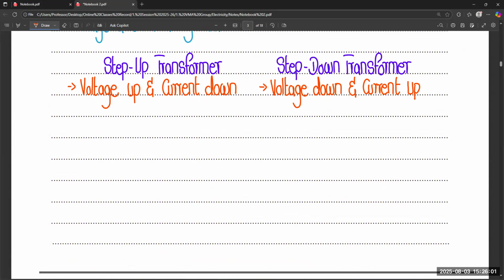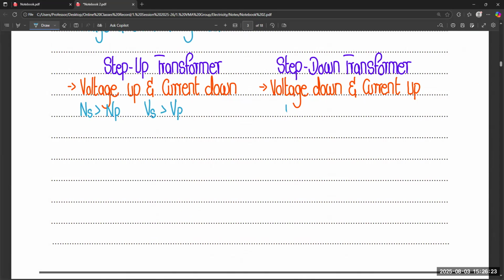So the second difference between a step up and step down is, in a step up the number of turns in the secondary coil is greater than the number of turns in the primary coil. It means the voltage of the secondary coil is greater than the voltage of the primary coil.